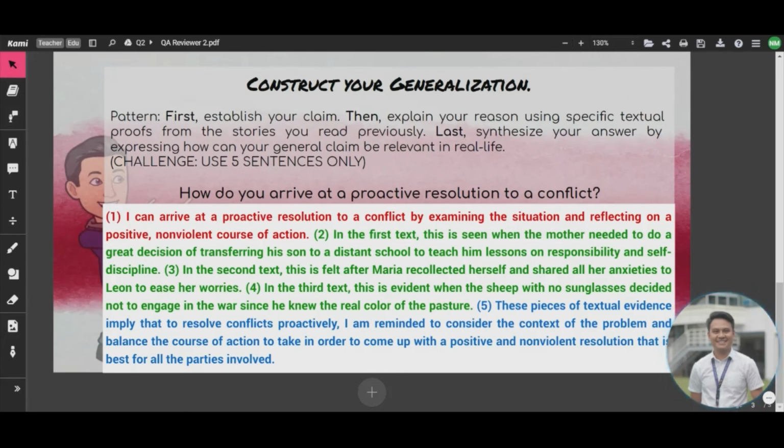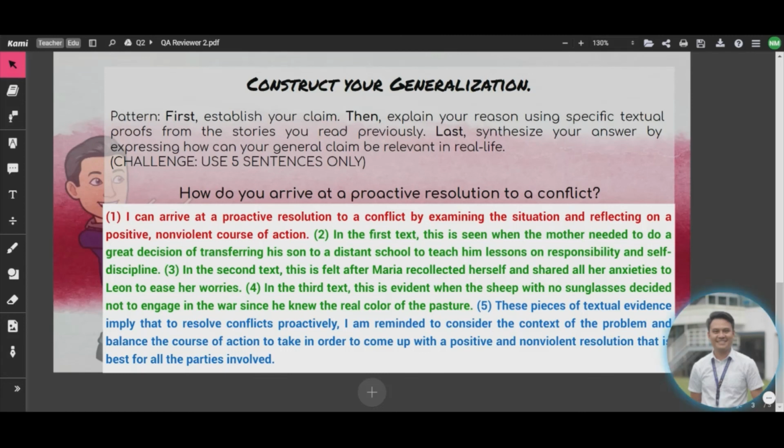So as you can observe here, you don't need to construct a lengthy answer to respond to the given generalization question. You can respond as short as this one, wherein there are only 5 sentences used in writing the answer. Just make sure to always remember the CER elements that should be present in your answer. And again, if you look into the pattern that I used here in answering the question, I started with a claim.